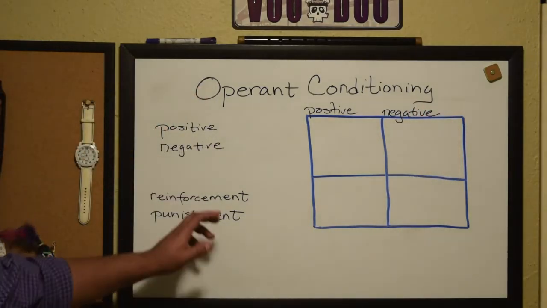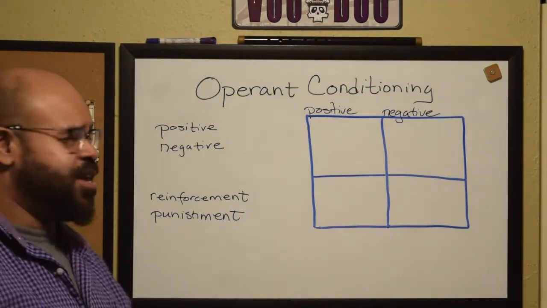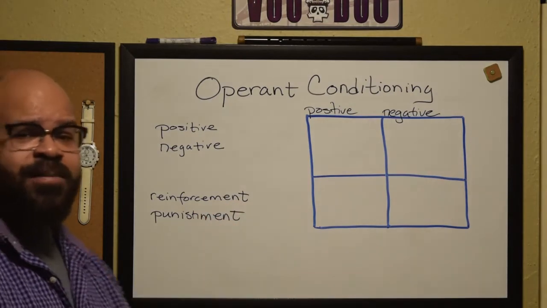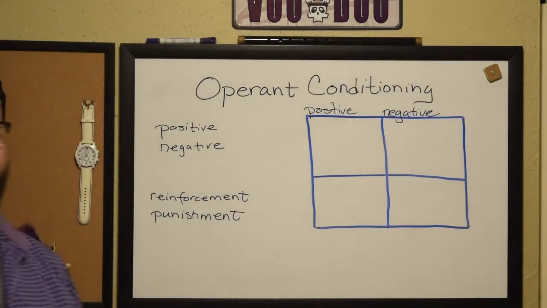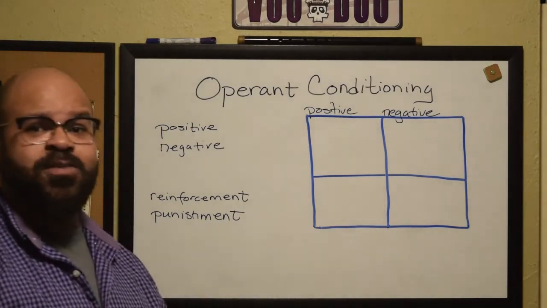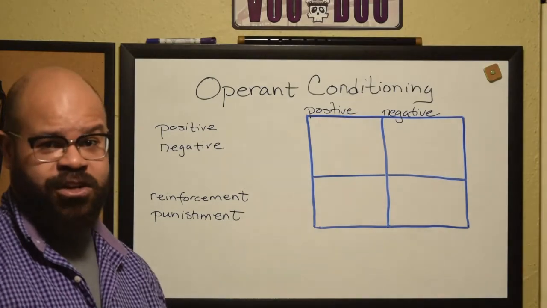The other part of operant conditioning, really the main part, is the reinforcement and the punishment. When a reinforcement is applied, this just means that a behavior will increase. This is the definition of a reinforcement.